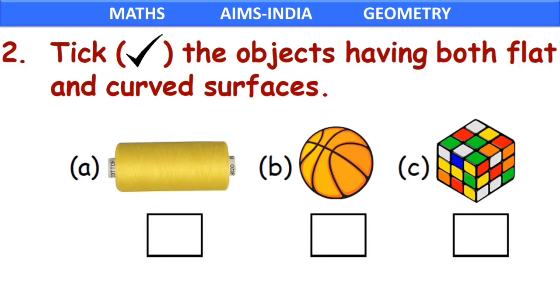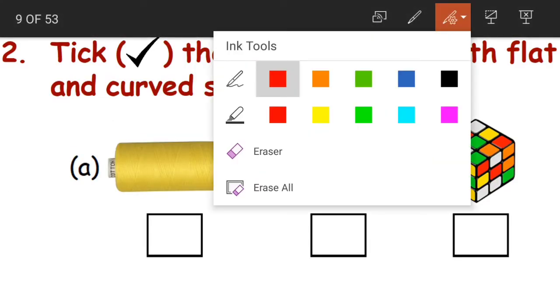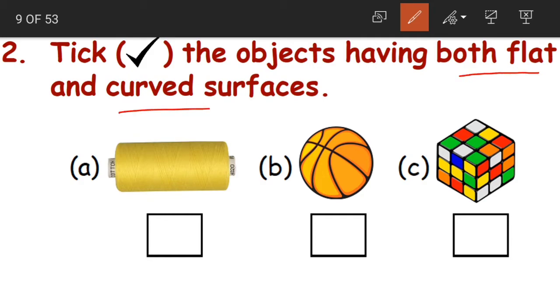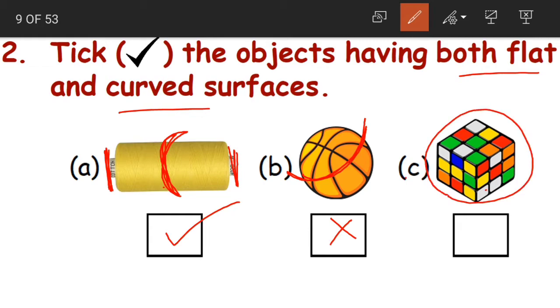Now again we have to tick the objects that have both flat and curved surfaces. Coming to the first one, that is our thread. This is a curved surface and this will be the flat surface. It has both, so we'll tick. Option B is a ball. It only has a curved surface, so no. C is a Rubik's cube. See children, this is the Rubik's cube that I was talking about.